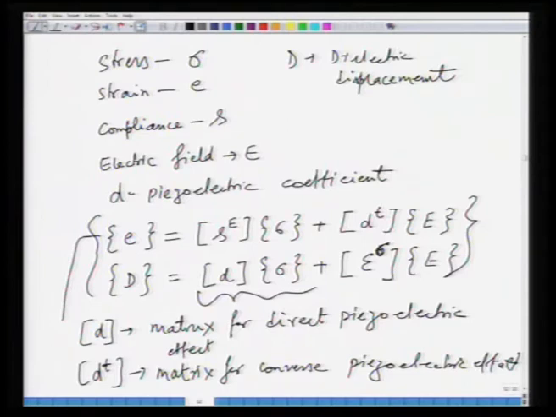And basically the subscripts here: you have a capital E and sigma, and these subscripts essentially mean constant or zero field, and similarly zero electric field, and the subscript sigma will mean constant or zero stress field.